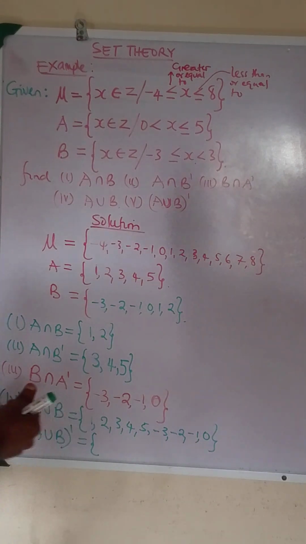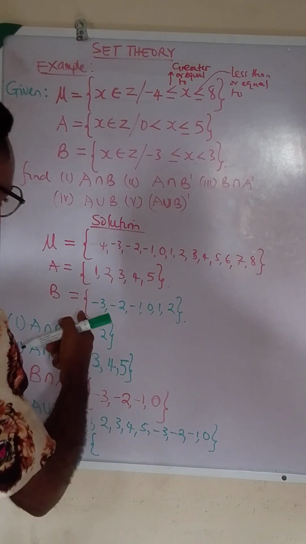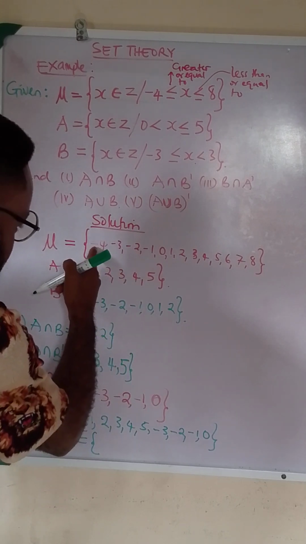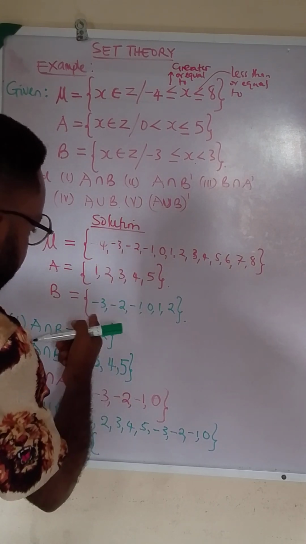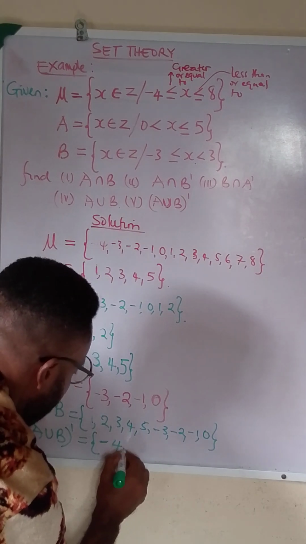So let's look at those elements that we have in the universal set that we don't have in A and B. If you look at it, we have -4, there's no -4 in A, there's no -4 in B, so we take -4.